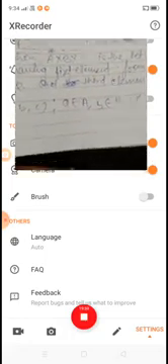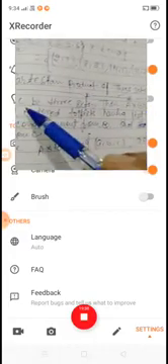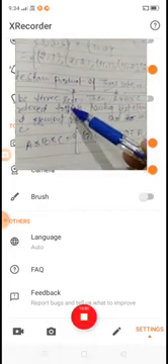Let's see once more. Let A, B and C be three sets.